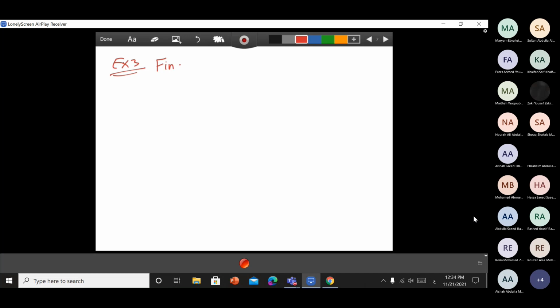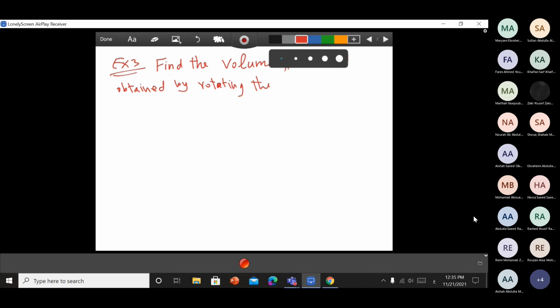Find the volume of the solid obtained by revolving, or by rotating, the region, okay, a shaded region in the following figure.